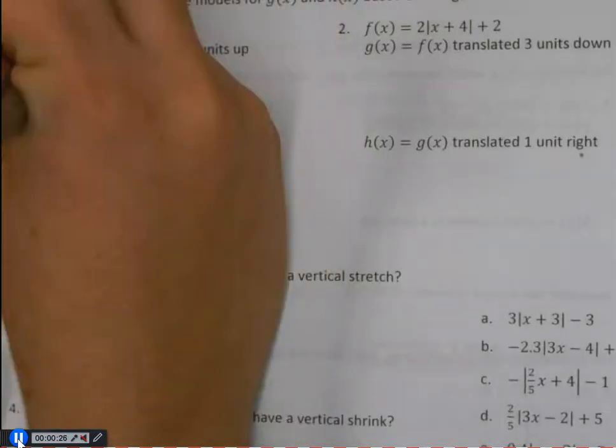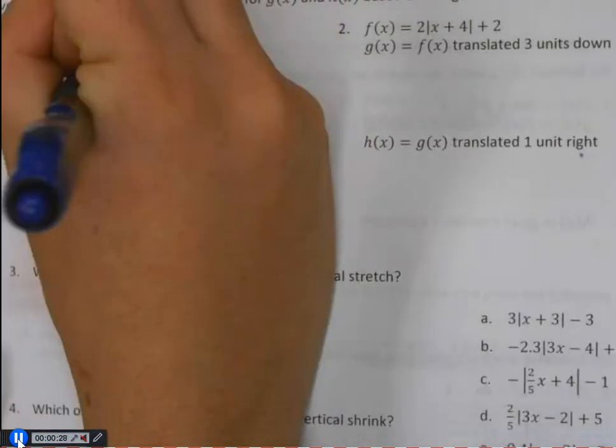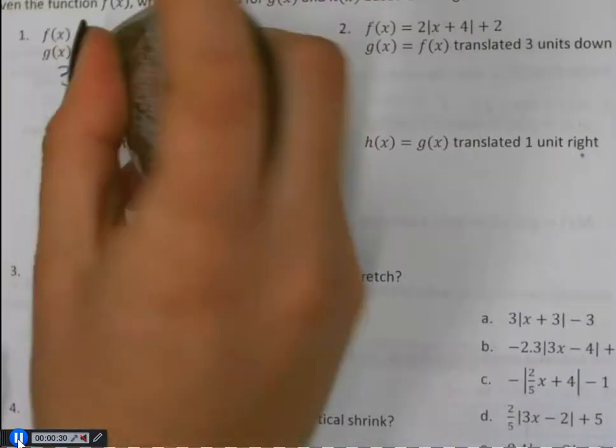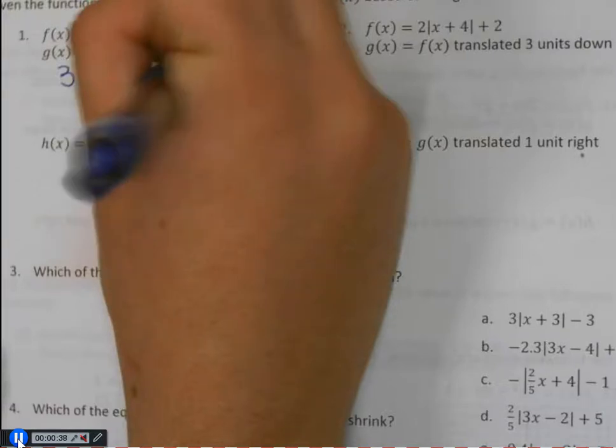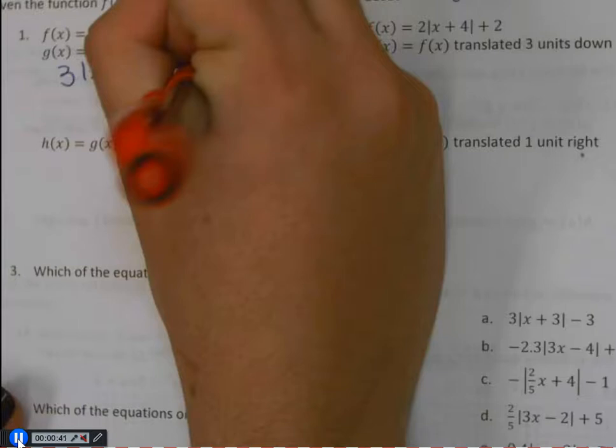So what I'm going to do is I'm going to write my original equation, and then it says it's translated 2 units up, so that means I add 2 at the end.